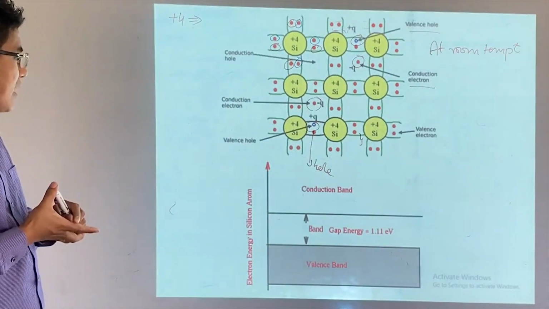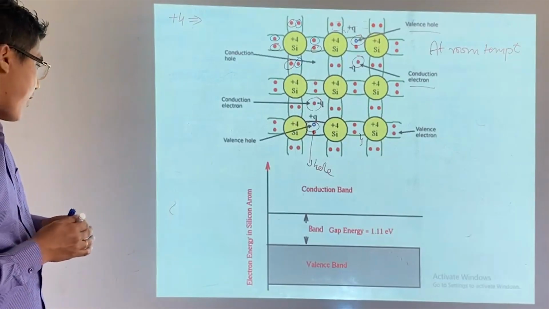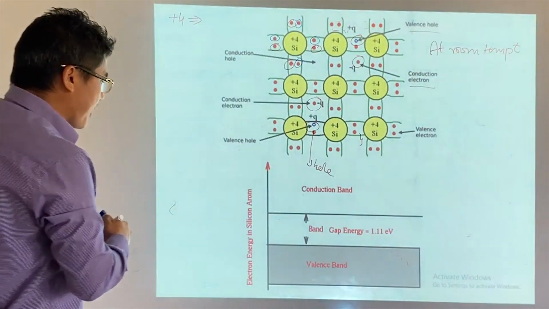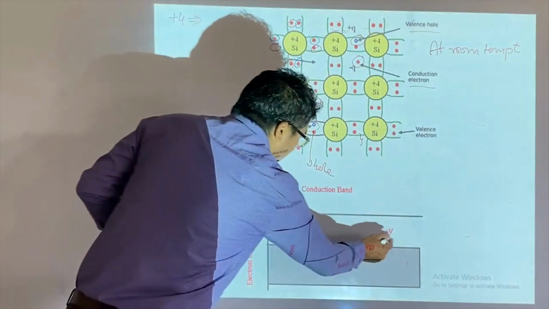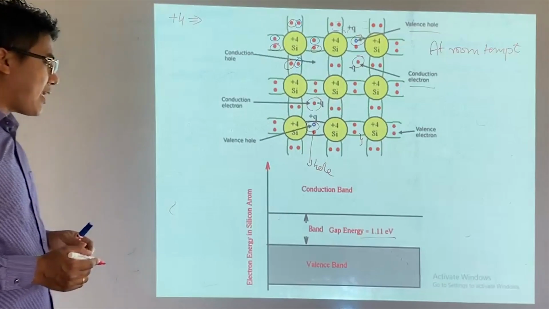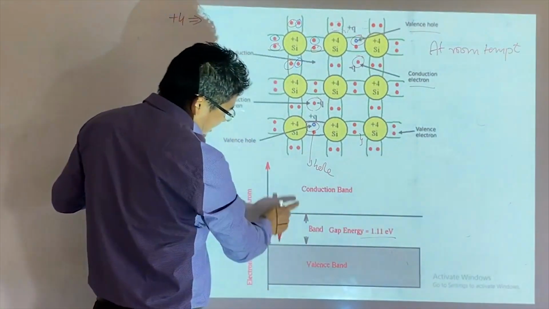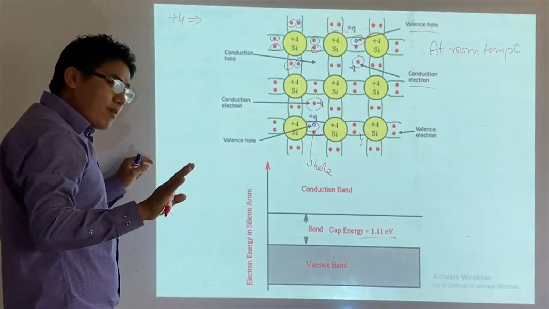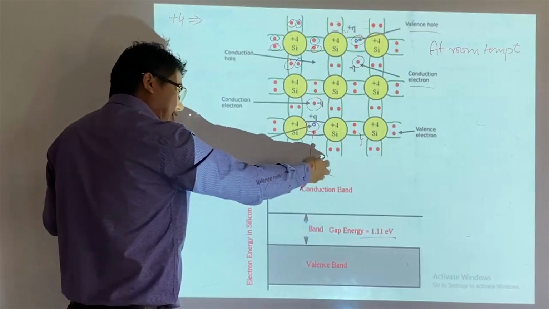For germanium, look here. What is the energy gap? The energy gap is 1.11 electron volt. This is the valence band, and this is the conduction band. At room temperature, these energies are available, so a few electrons jump into the conduction band.